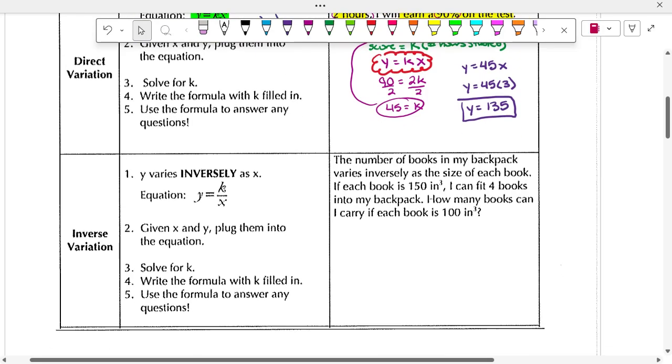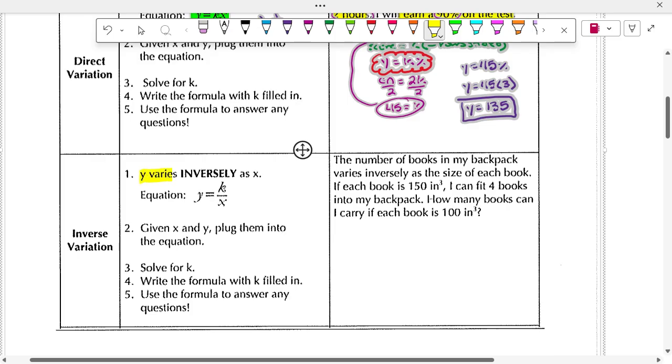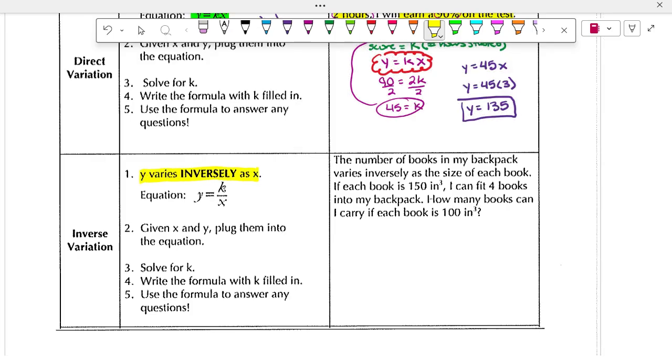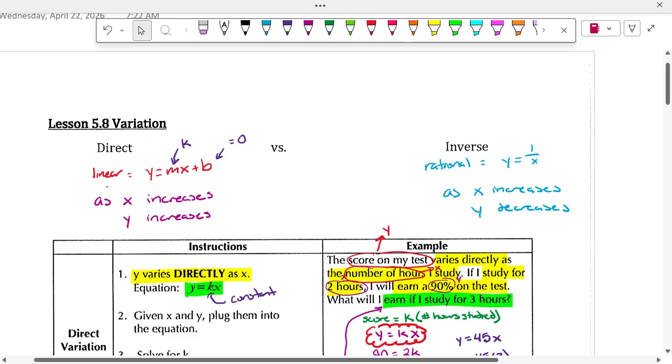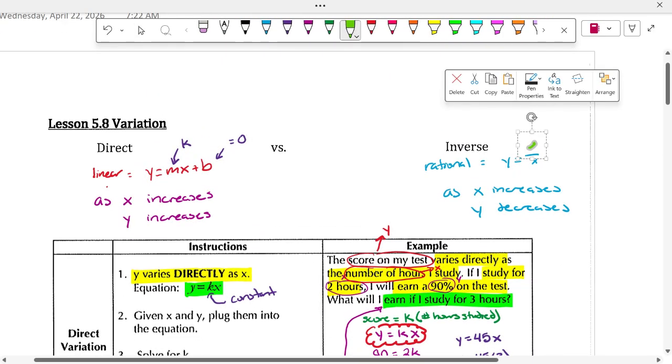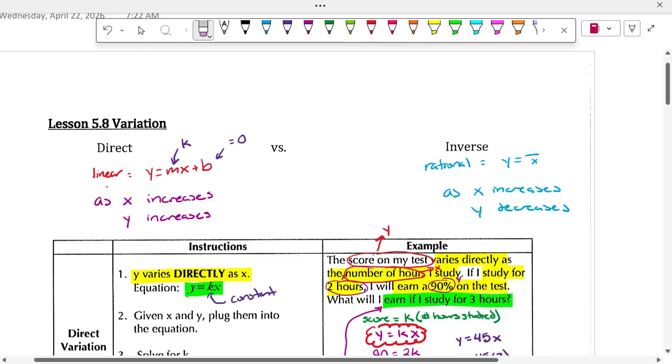Inverse variation is the opposite, meaning that you'll see y varies inversely as x. This is the general formula. Again, k is the constant. If I replace this 1 with an a, that a would be k.